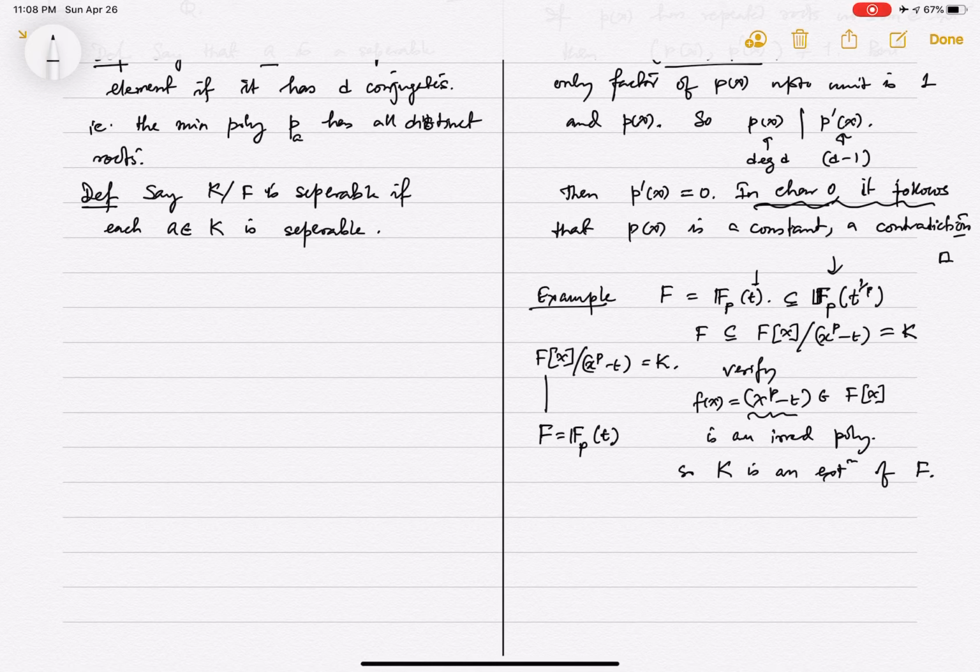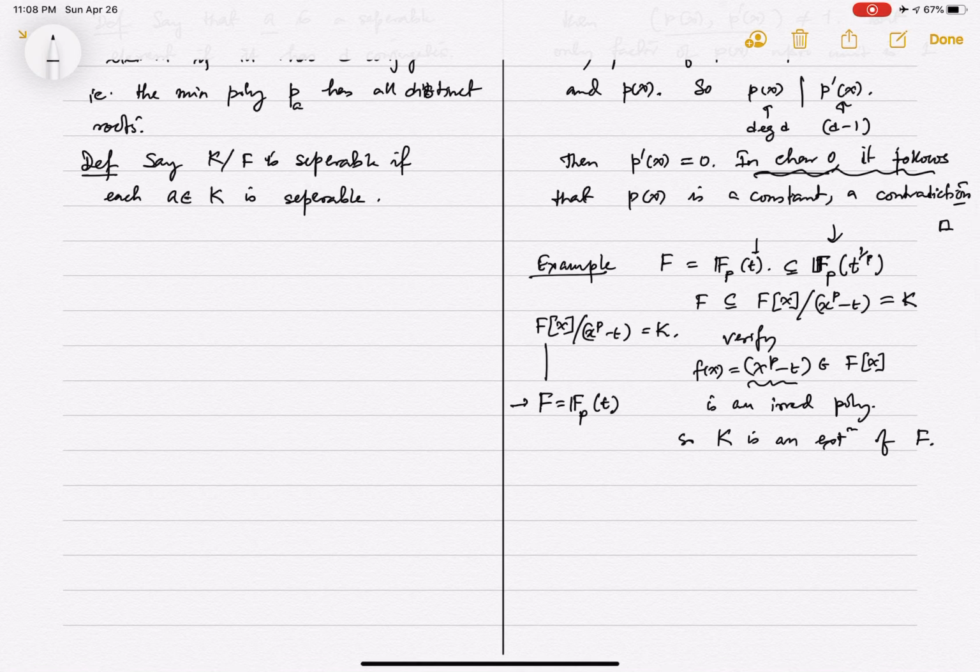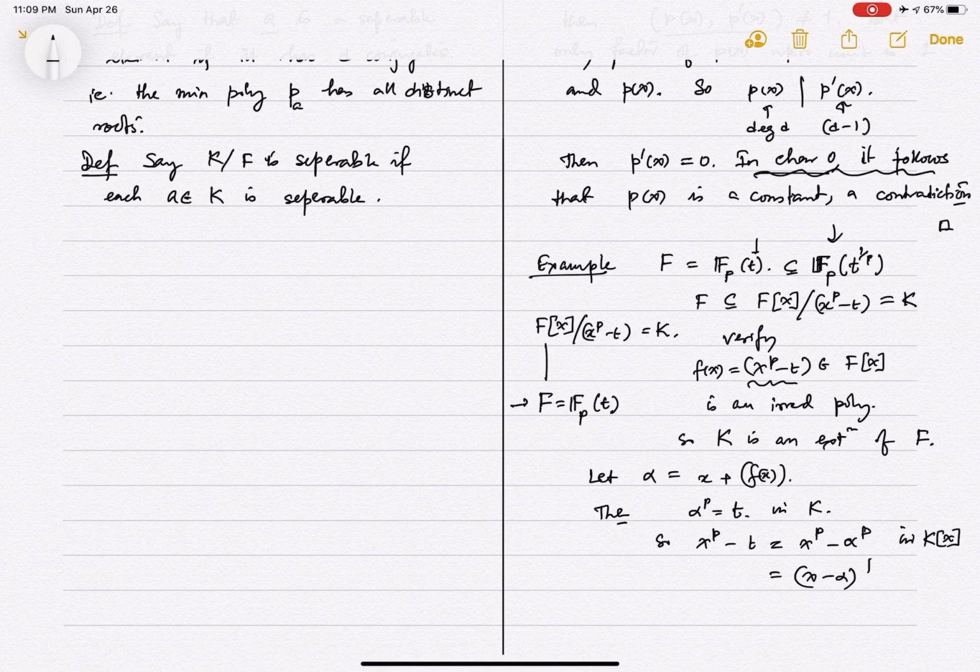Now this polynomial was irreducible down here, but up here, when you impose this condition, then it splits as a, so let alpha be the image of x in K. Then you can check, then alpha to the p is x to the p, which is t in K. So this polynomial becomes x to the p minus alpha to the p in K[x], which now factors as (x minus alpha) to the p.